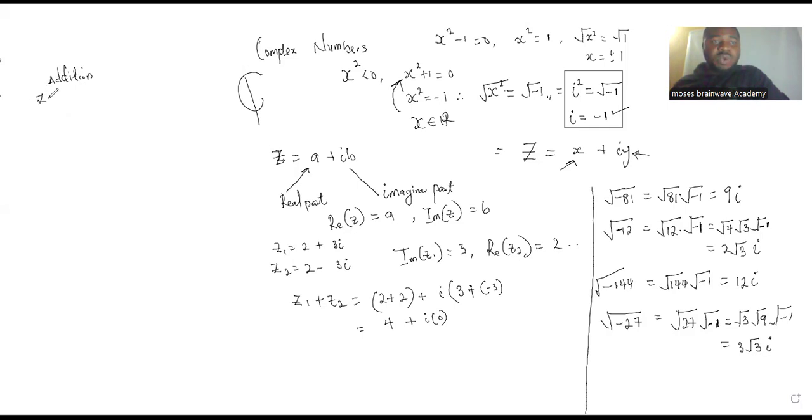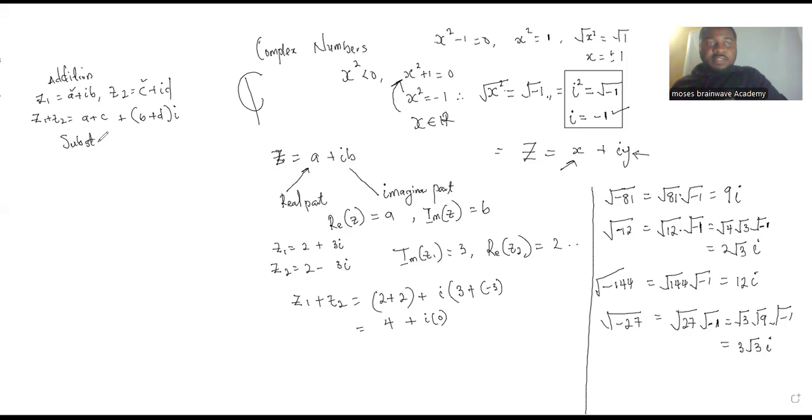If I have Z1 equal to a plus ib, and Z2 equal to c plus id, then in general, if I want to add Z1 plus Z2, all I'm going to have is a plus c, the real parts added together, then plus, in bracket, b plus d. These parts are the imaginary parts, right?